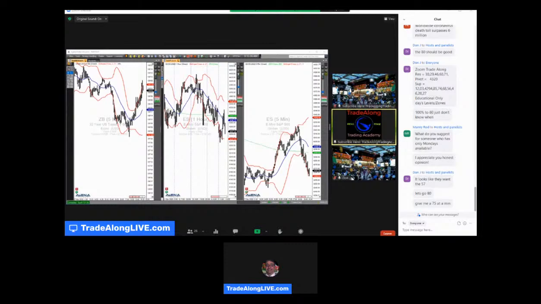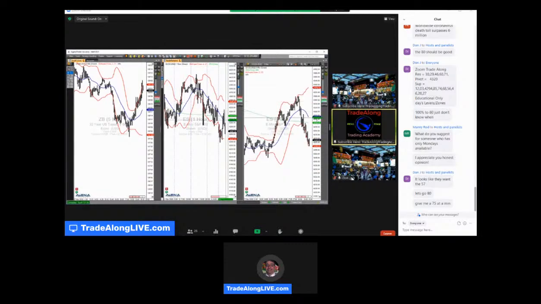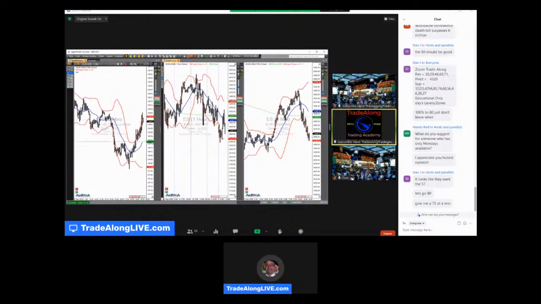I'll come down here, just kind of floating around down here. Bonds, again, definitely got some inverse rate going on there.